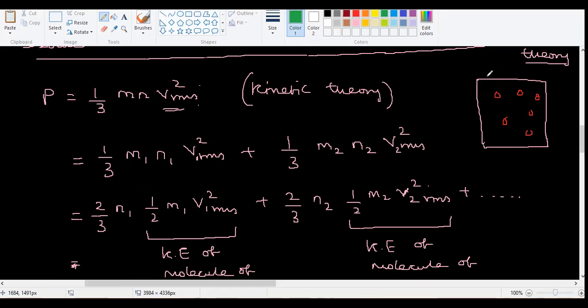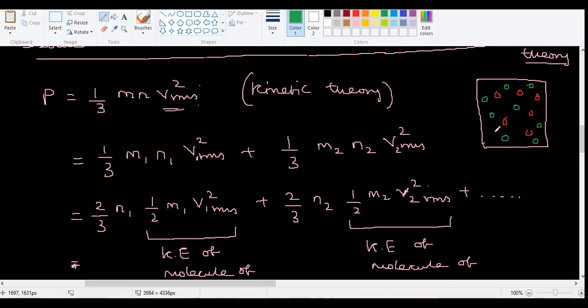And let's say I have some helium atoms. Obviously you can imagine that in a given container, the temperature has to be the same everywhere, right? You cannot say hydrogen is at 100 degrees Celsius and helium is at 50 degrees Celsius. That's not possible because heat will flow from higher temperature to lower temperature, such that everything will become the same temperature.